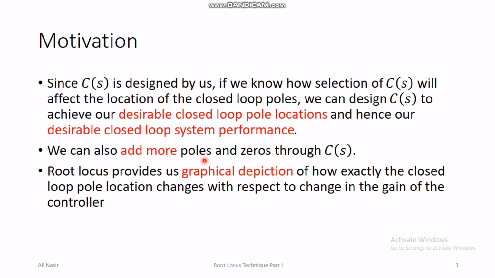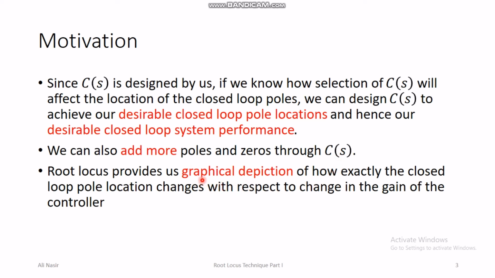When we add poles and zeros in C of s, those get added in the open loop transfer function as well as in the closed loop transfer function. But the difference is that in the open loop transfer function, the location of the pole is somewhere else, and in the closed loop transfer function the location is somewhere else.